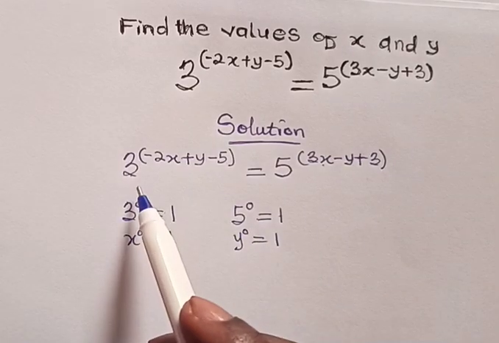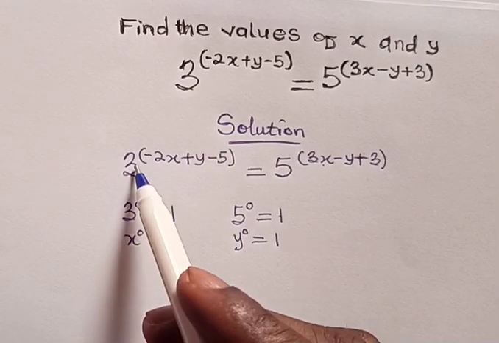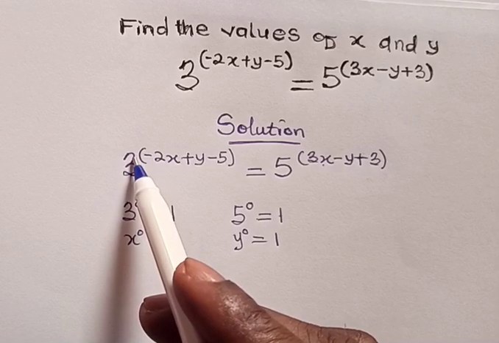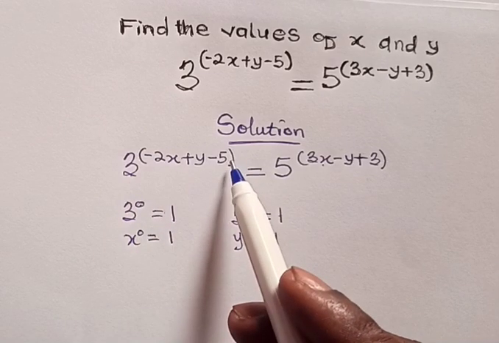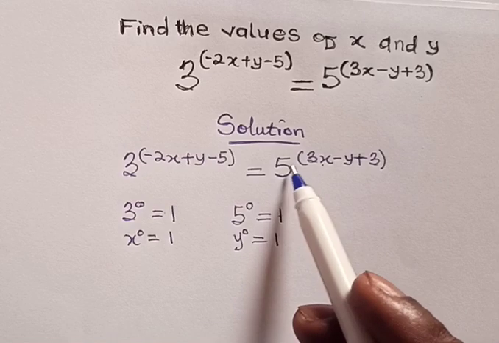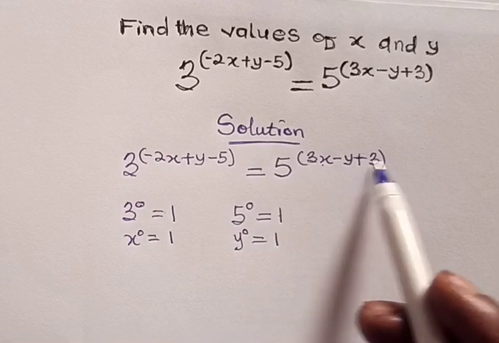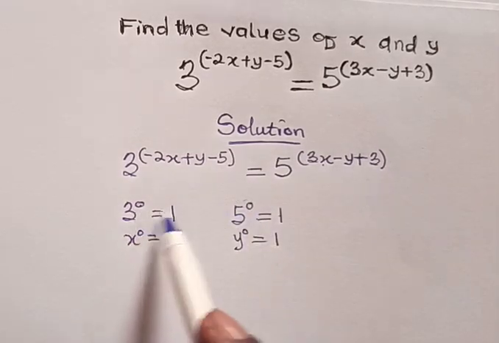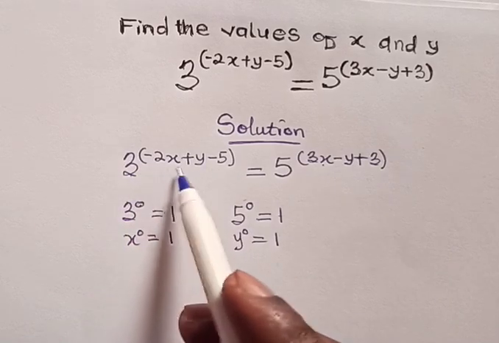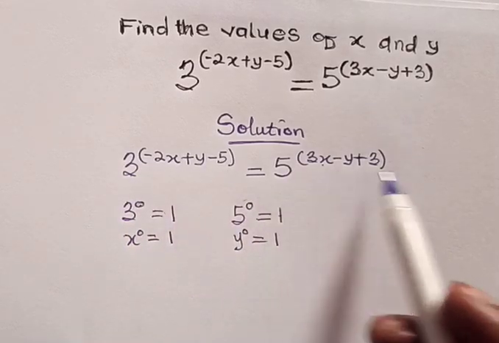Then we can conclude that we should equate the exponent of 3 to 0, and at the same time equate the exponent of 5 to 0, because that is what can make the left side equal to the right side.